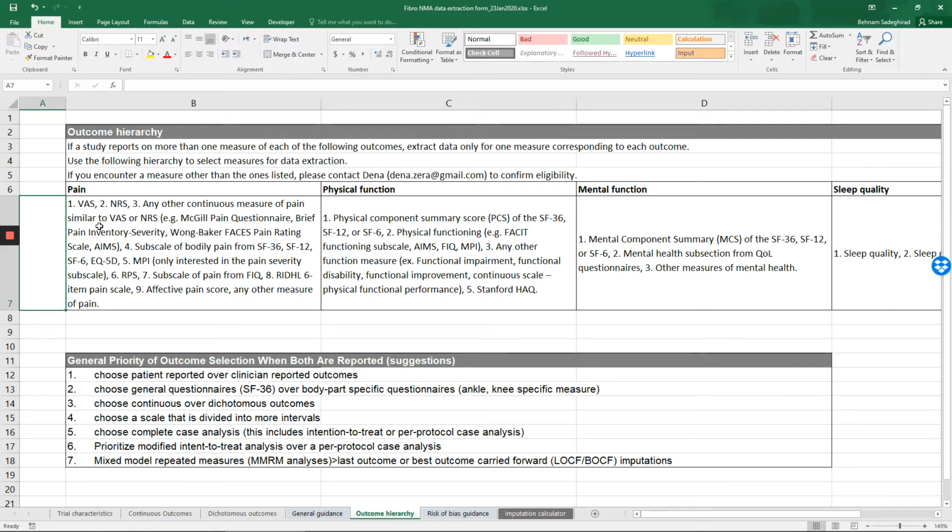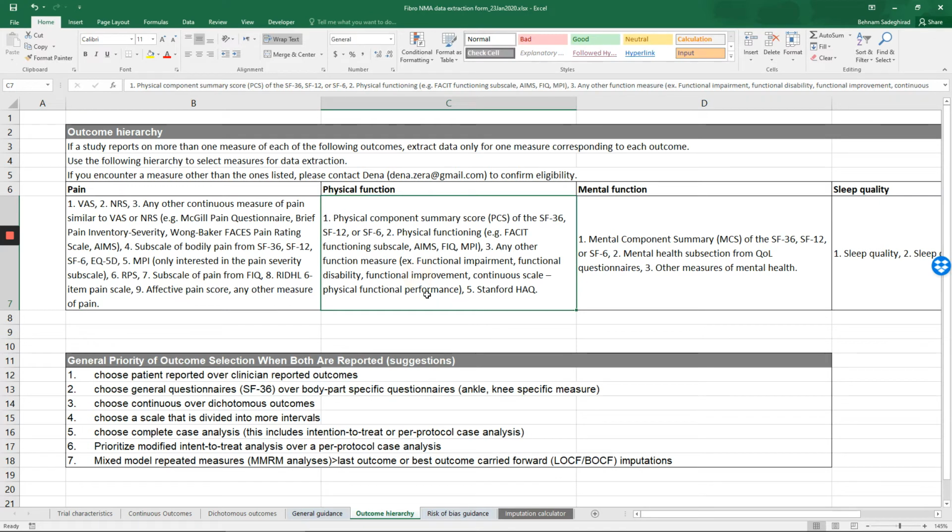So, for example, if a trial reported pain using VAS, the McGill Pain Questionnaire, and the subscale of pain for the fibromyalgia impact questionnaire, which in this case are number 1, number 3, and number 7, you do not need to capture information for all these 3 instruments. We just want you to capture the information for VAS.